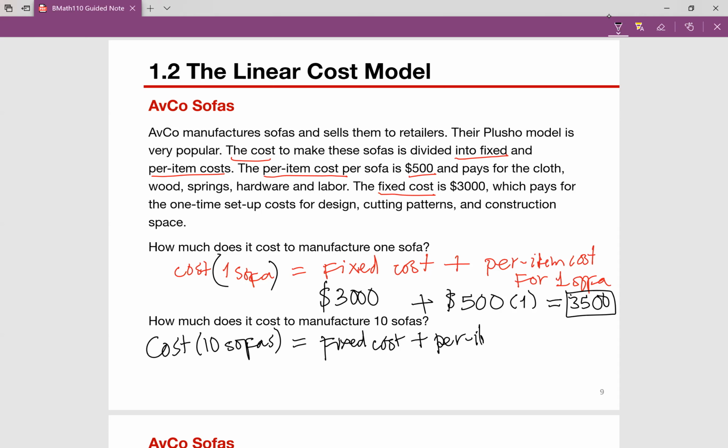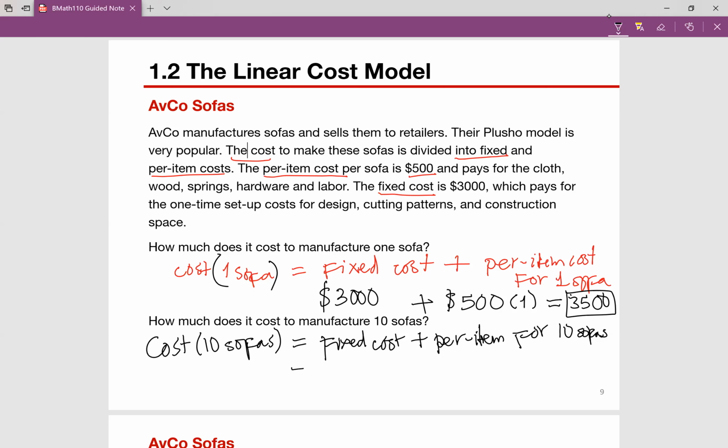Usually in some other business classes it's called variable cost, but yeah, it means the per item cost for 10 sofas.